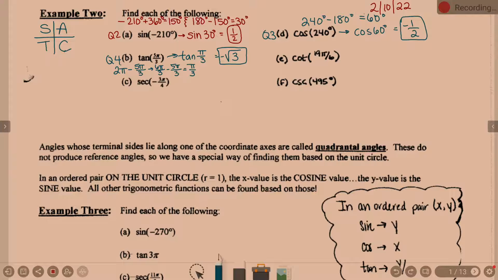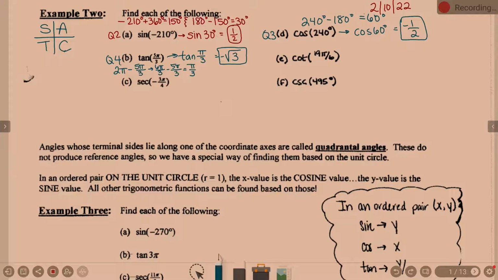Cotangent of 19 pi over 6. What do you notice about 19 pi over 6? It's big. It's bigger than what?